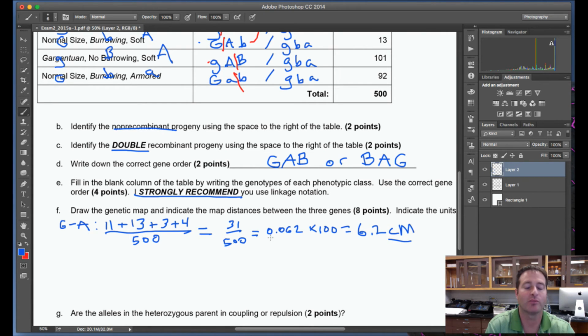centimorgans. Units are important. Now, I know many of you have asked questions in class like, why do we care about this? Why do I need to know this? I'll never use this. This is actually about the concept of linkage and mapping, and it's about building habits in terms of units and things like that.